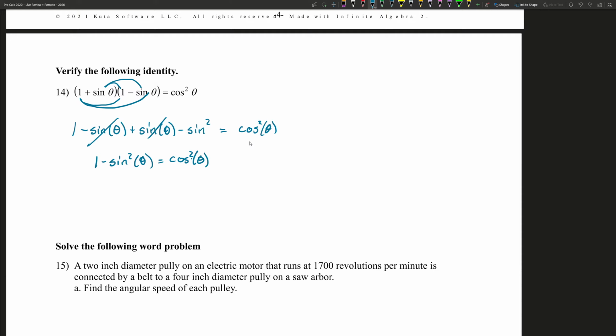The founding Pythagorean identity says that sine squared plus cosine squared is always equal to 1. So if we subtract sine squared over, we get 1 minus sine squared, and that's equal to cosine squared. So this is just equal to cosine squared. And then we're done.